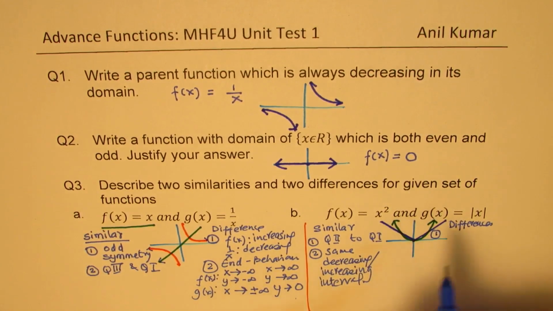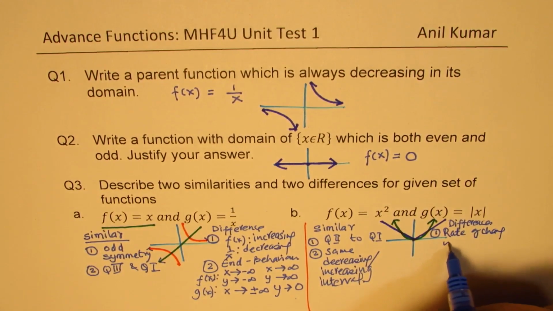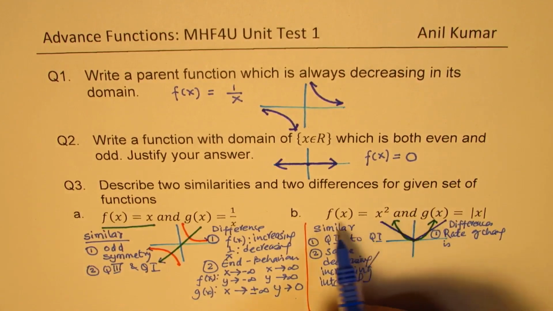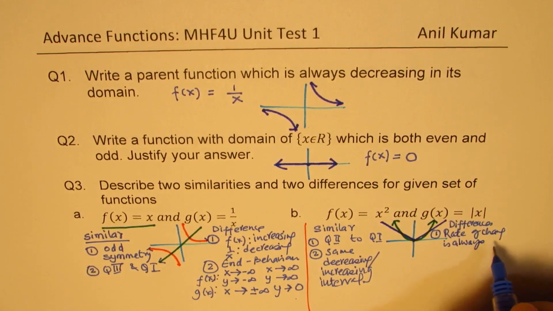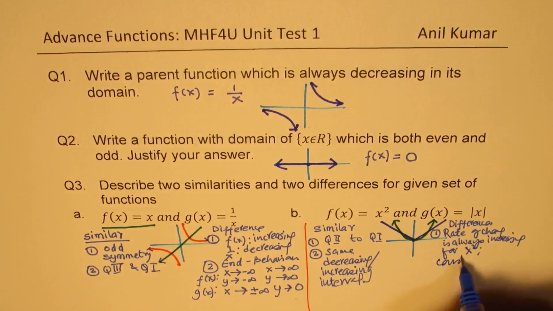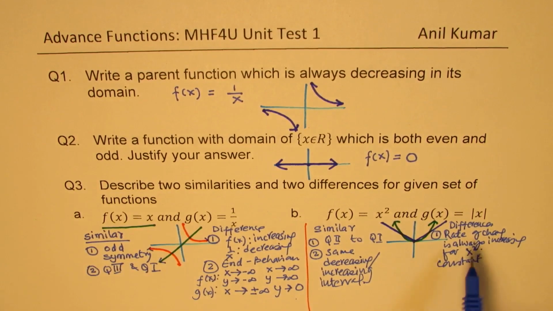Well, the difference here is the rate of change. For the parabola, for x square, the rate of change is always increasing. And here it is constant. You see, if you draw a tangent line, then it has a negative slope, 0 and positive.